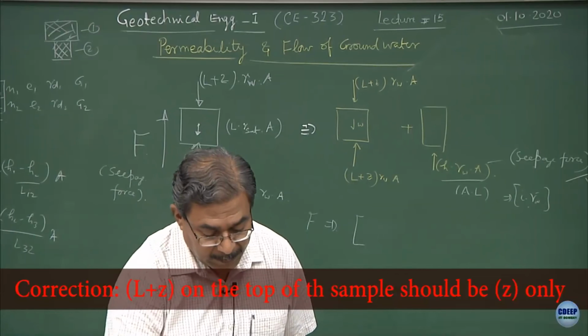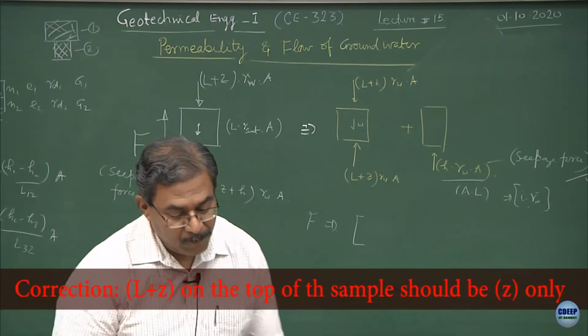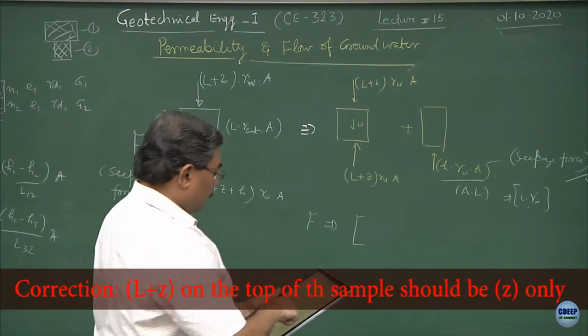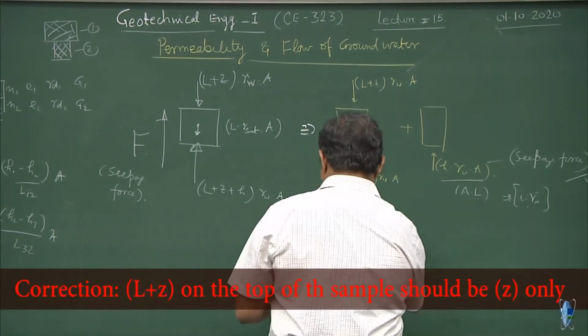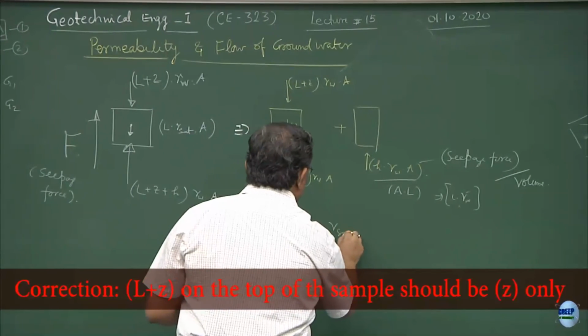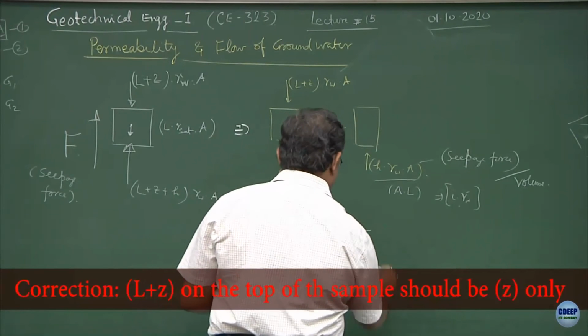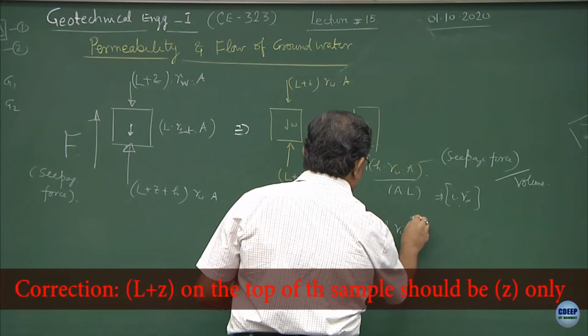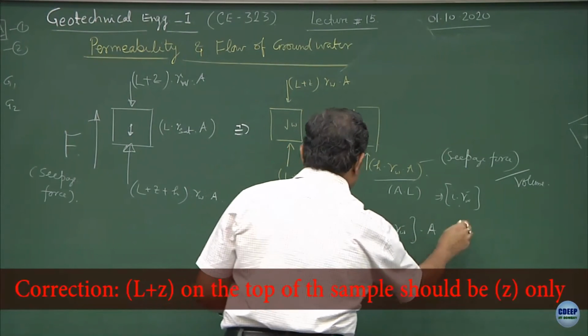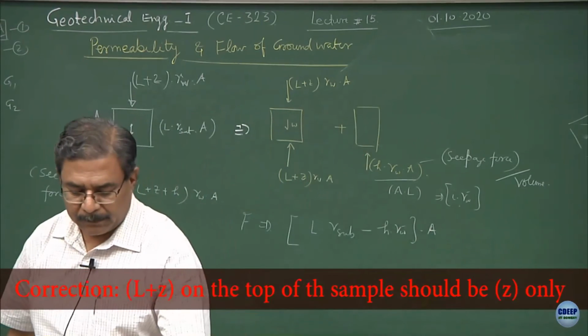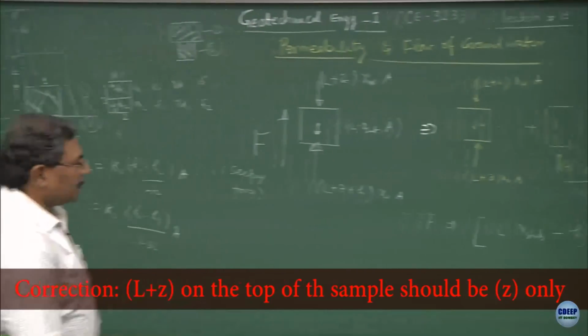If you can write it quickly, it saves some of my time. So, this will be equal to L gamma submerged minus H gamma W into A. Try to show this. This is the seepage force.